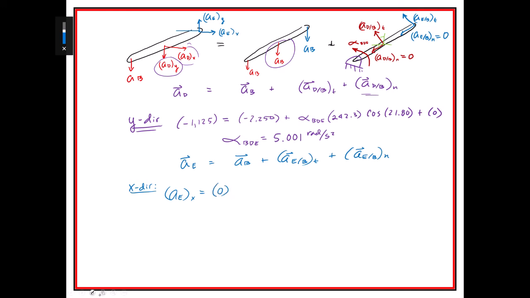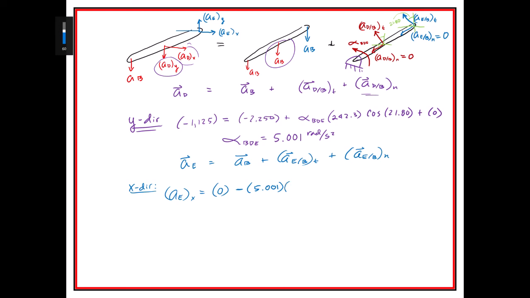Let me take a look, zoom in right up here. I'm not zooming in, but I'll just remember that that right there was the 21.80 up there. So we're going to have, and it's going to be negative, actually. It's going to be in the negative direction, right? So that's pointing to the left, that component. So it's going to be minus 5.001, and I'm going to pretend like that one was there because that's what my calculator said.